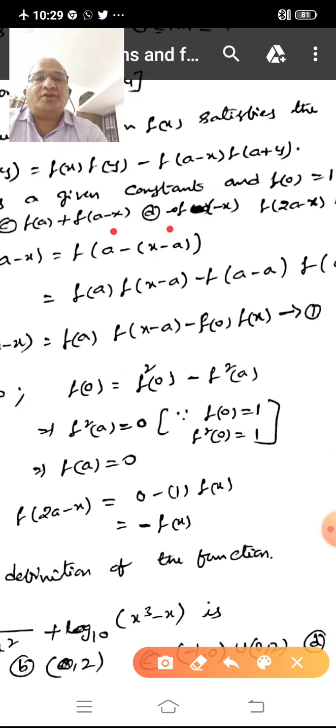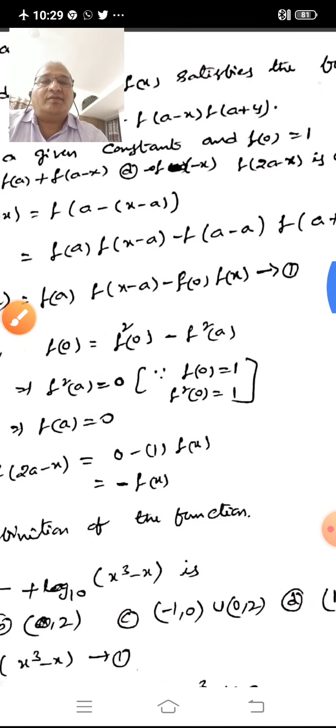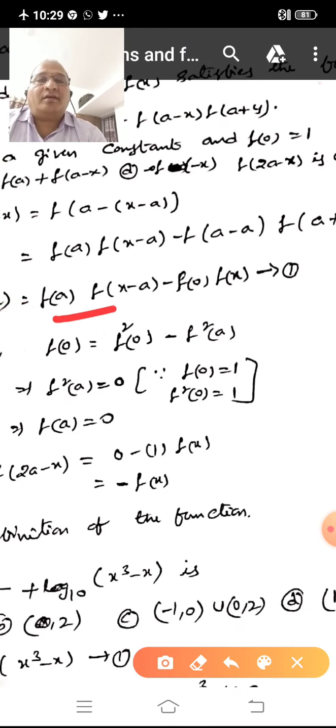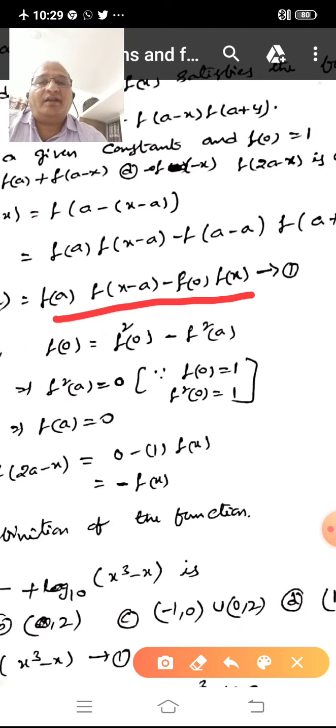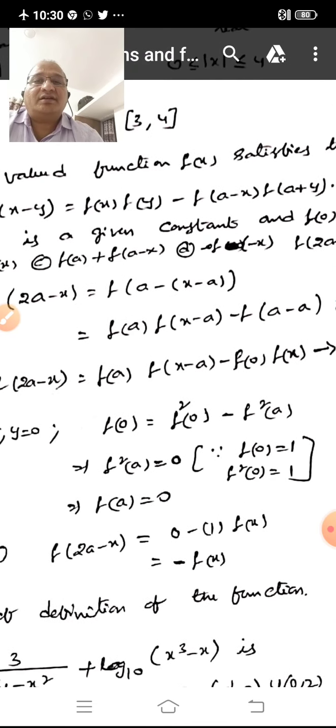Now f of 2a minus x will become f of a, f of x minus a, minus f of 0, f of x. Now we have to find f of a; already one value, f of 0, is given. For that, I took x is equal to 0, y is equal to 0 in the given function here.